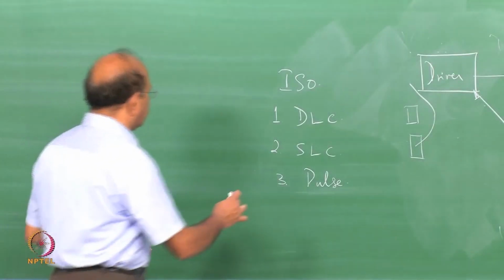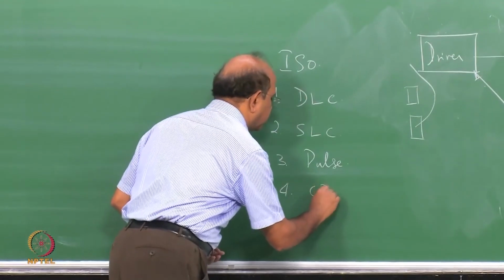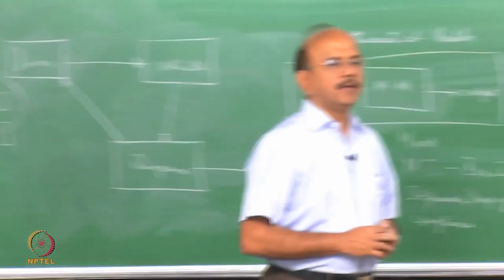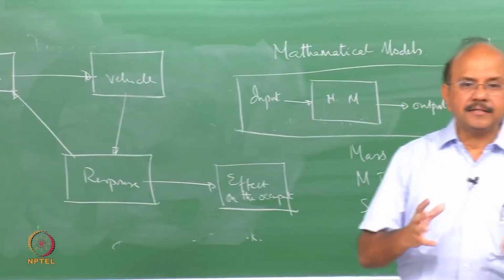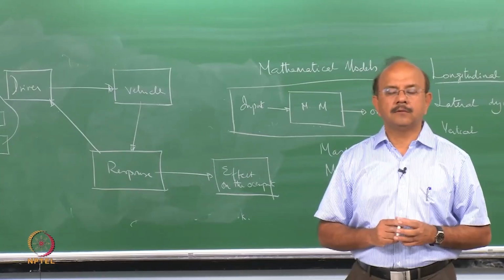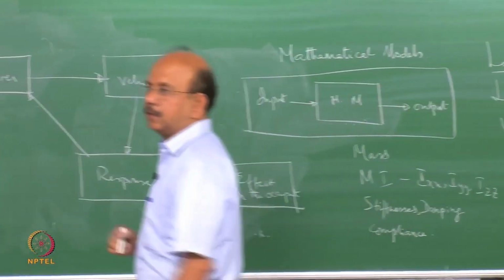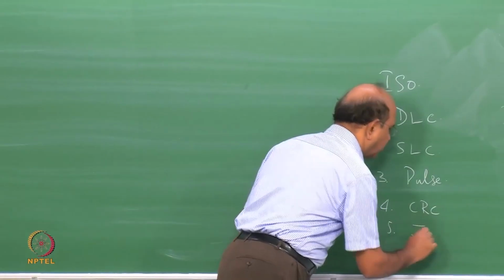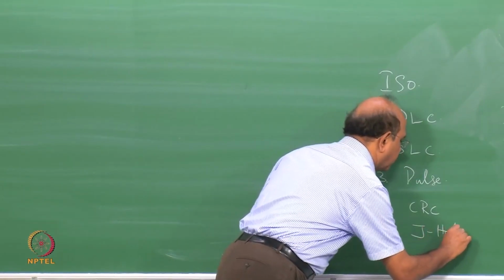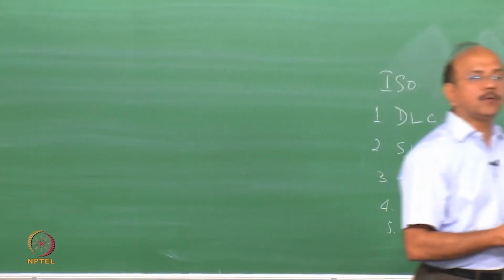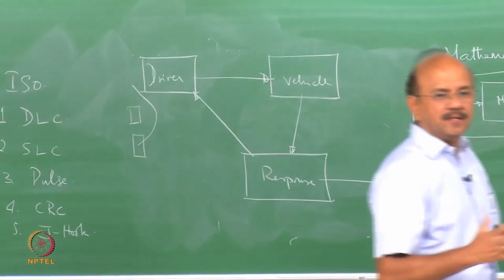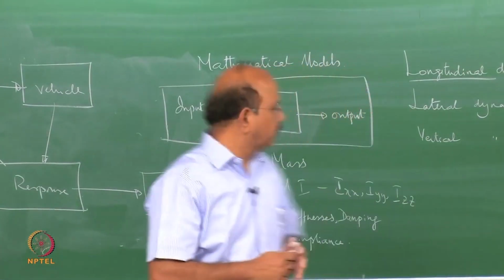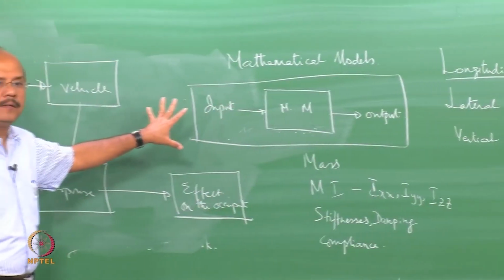There are other tests like constant radius cornering or constant radius tests, and there is a test called the J-hook test, and so on, which bring out extreme conditions. So, in other words, what is usually done?